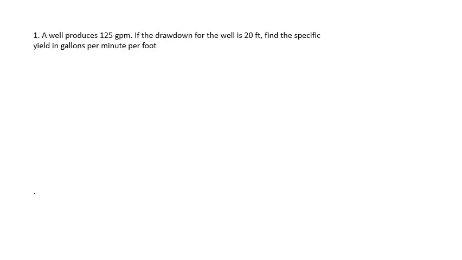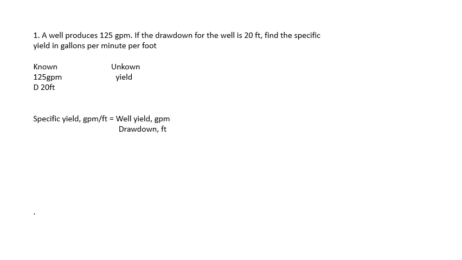Question number 1. A well produces 125 gallons per minute. If the drawdown for the well is 20 foot, find the specific yield in gallons per minute per foot. So we're going to get our knowns and our unknowns. What we know: the well produces 125 gallons per minute, and the drawdown is 20 foot. What we're looking for is the yield.